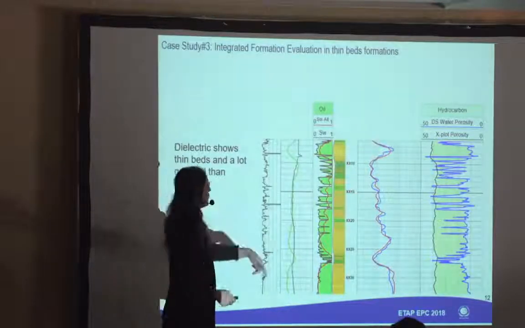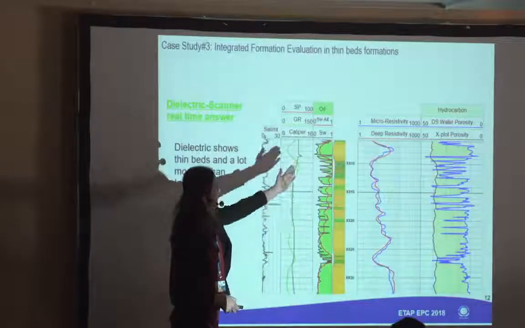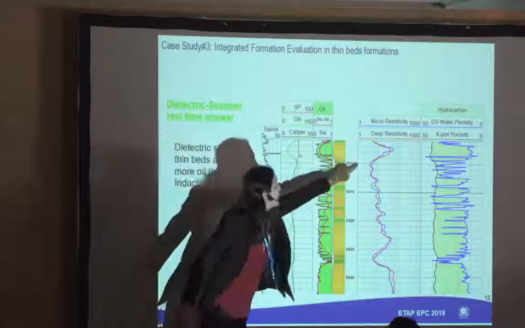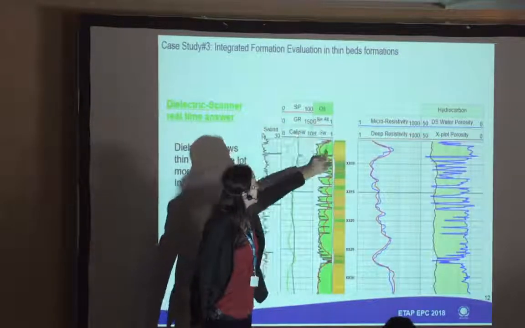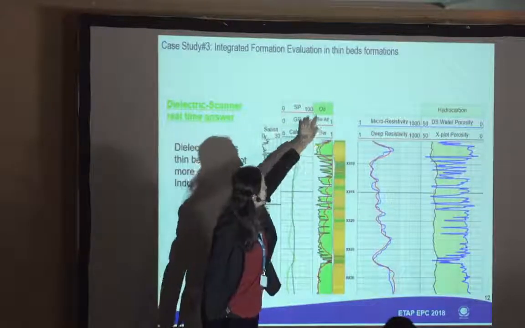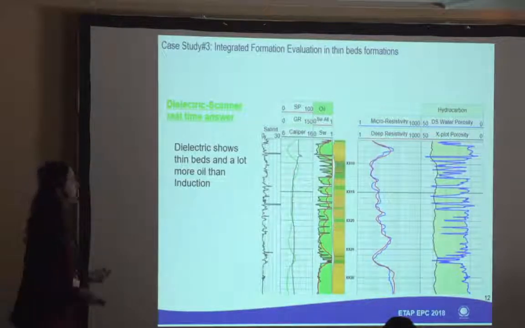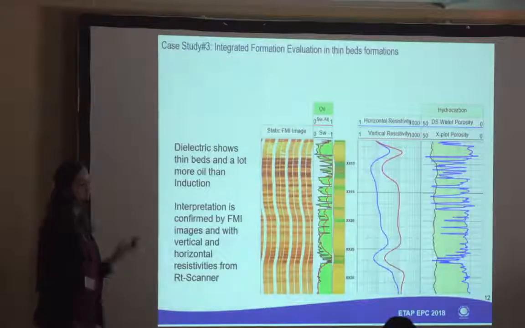In the other track, we have the classical deep and micro resistivity, which are reading quite low in those intervals. So the saturation derived from the resistivity is high water saturation, especially here, while the saturation from the dielectric scanner is showing hydrocarbon. Dielectric is showing thin lamination, which was confirmed with the high resolution borehole image, FMI.